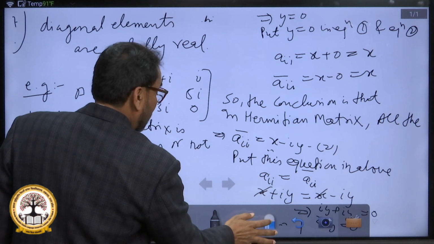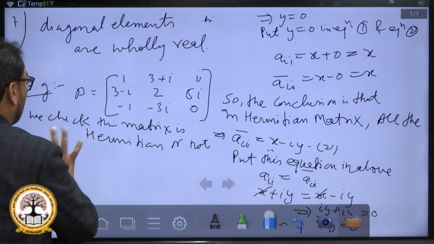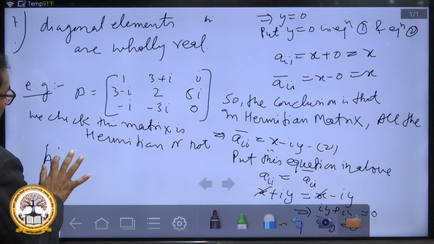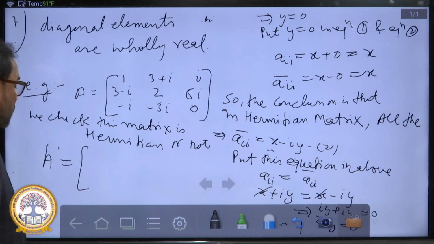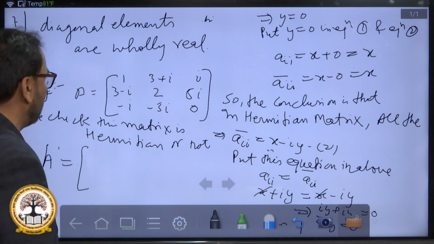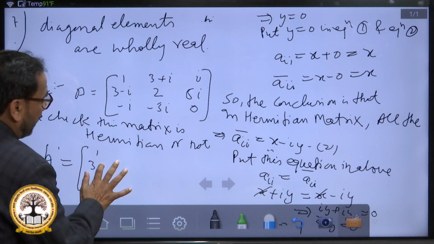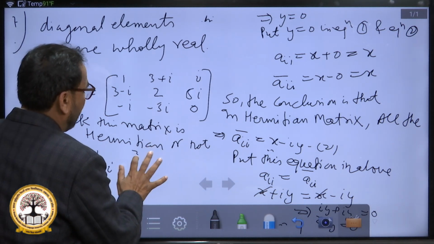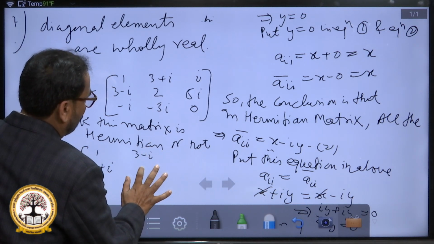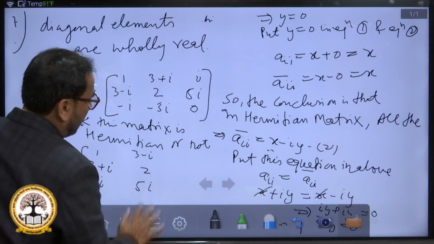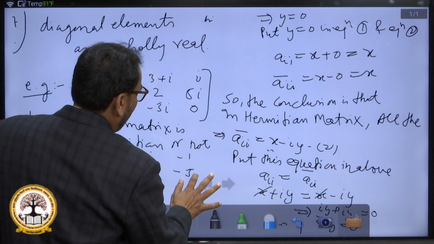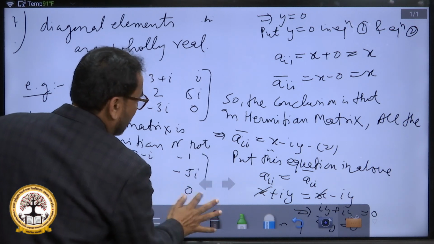So first we find A dash, the transpose of matrix A: 1, 3 minus i, 2, then 3 plus i, 0, minus 5i, then 2, 5i, 0.